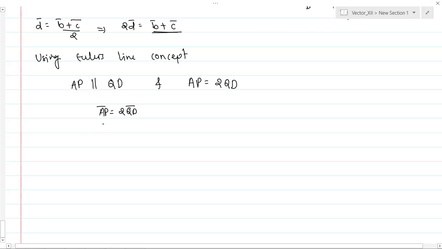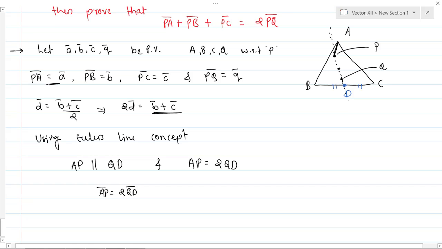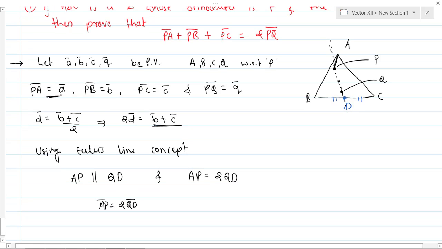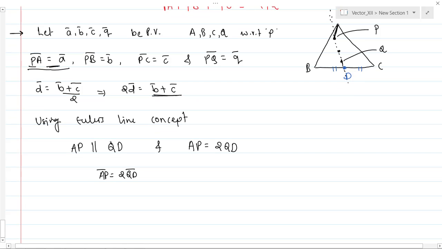If I open this, AP bar is minus A bar, because what we have considered is PA bar is A bar, so AP bar will be minus of A bar, which is equals to 2 times D bar minus Q bar.